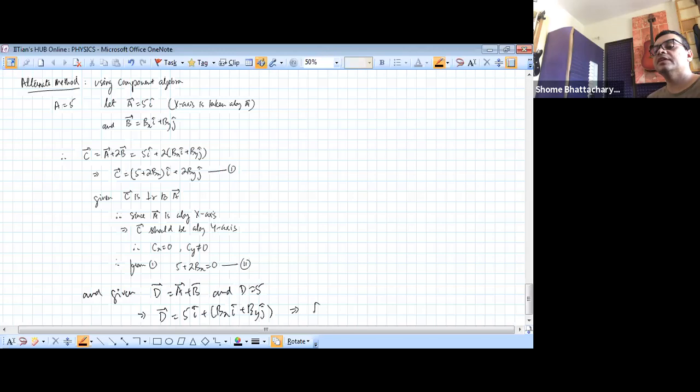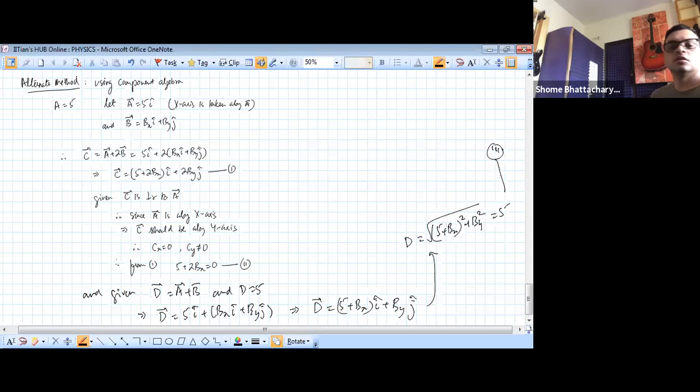That means the vector D is (5 plus bx) i cap plus by j cap. That means the magnitude of this should be equal to how much? 5. So this becomes our equation 3.